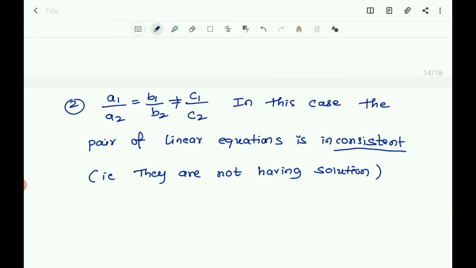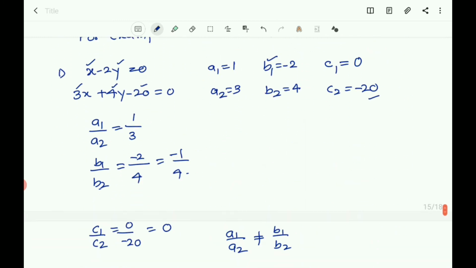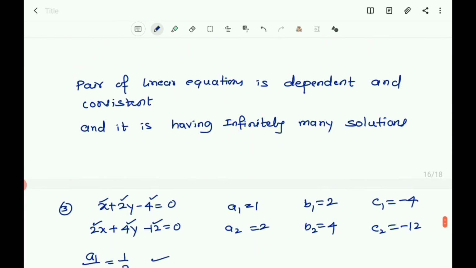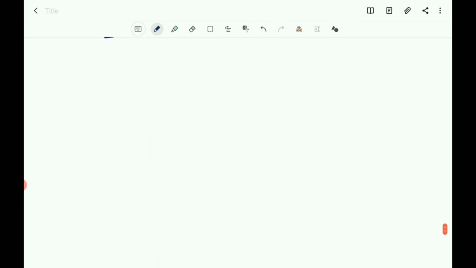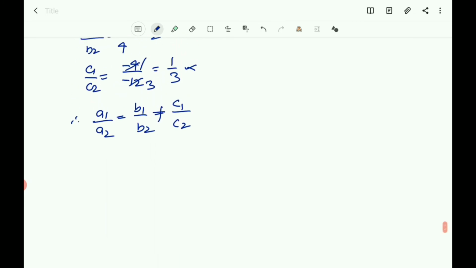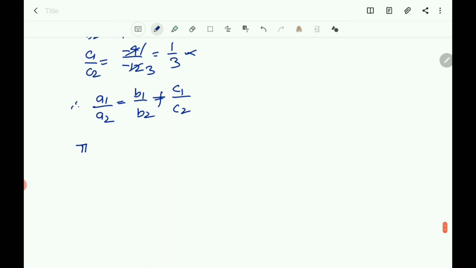In this case, the pair of linear equations is inconsistent, meaning they do not have a solution. So what can you write here? You can write that the pair of linear equations is inconsistent, meaning no solution.